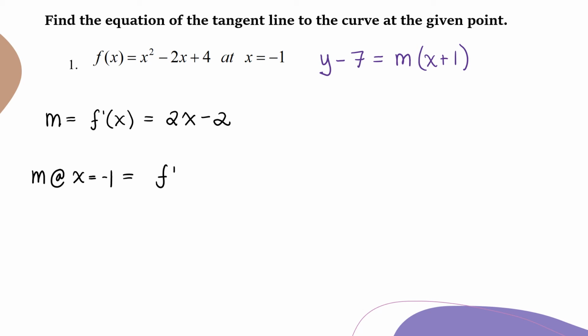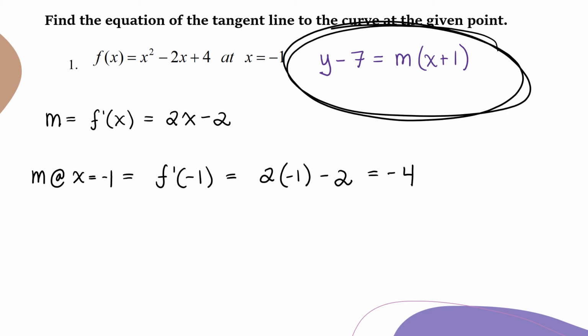So that'll be f prime of -1, which is equal to 2 times -1 minus 2, which is -4. So overall, if we're finding the equation of the tangent line, we have y minus 7 is equal to -4 times x plus 1.